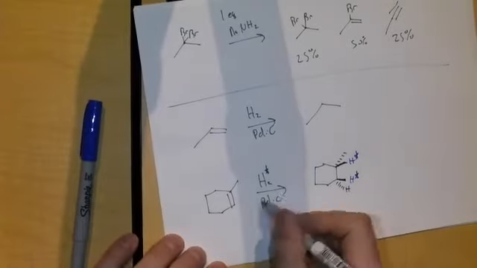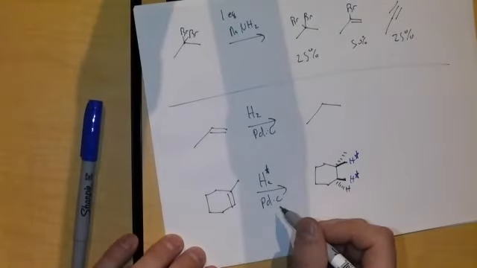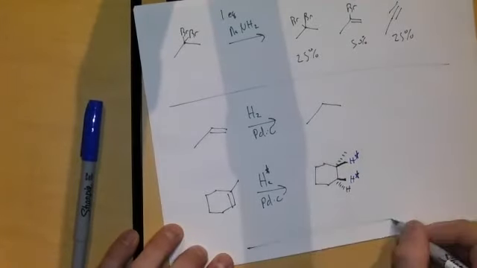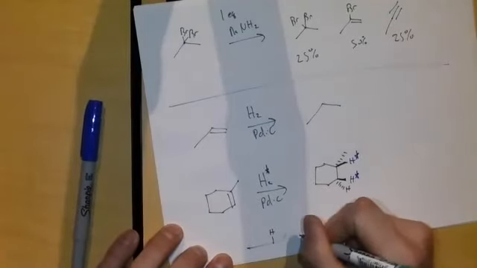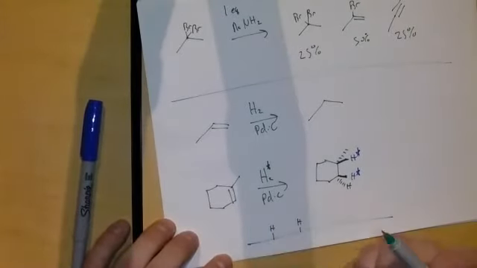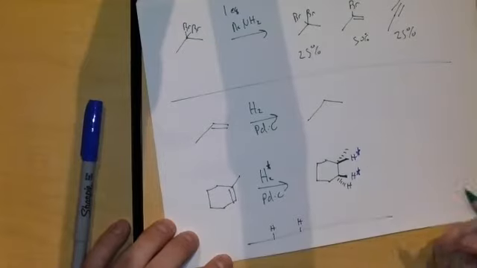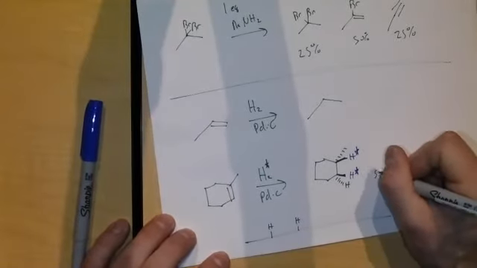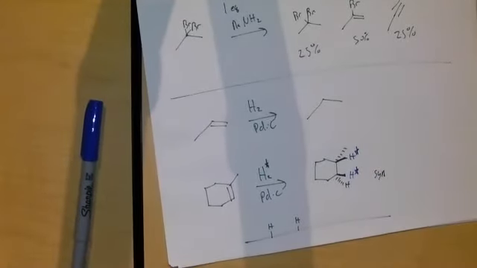When you're dealing with something that's on a metal surface, you have these H's that are sticking up. So when it comes in and attacks, it has to attack both sides of the plane, and you end up adding them syn to each other. This is going to be important for triple bonds.